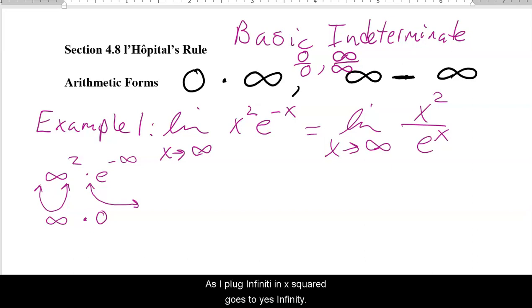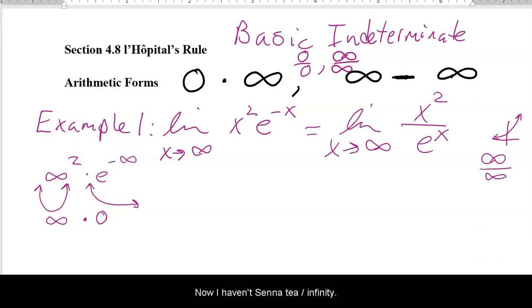Now I need to evaluate again what the form is. As I plug infinity in, x squared goes to, yes, infinity. E to the x has a graph that looks like the exponential, which as x goes to the right goes to positive infinity. Now I have infinity over infinity. Since this is one of the two basic indeterminate forms, I can now apply L'Hopital's rule if the two functions are differentiable.